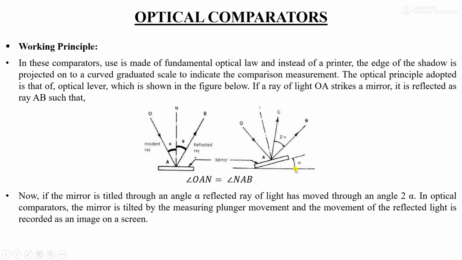If the mirror is tilted by an angle alpha, then the reflected ray will be deviated through an angle 2 alpha. The angle difference between the previous reflected ray and the new reflected ray will be 2 alpha.